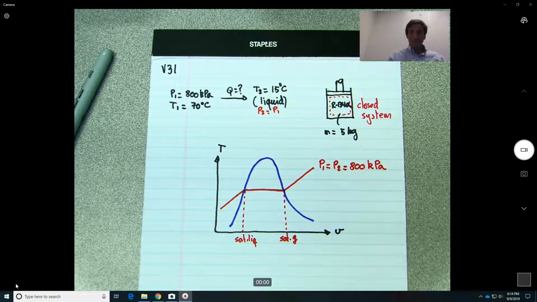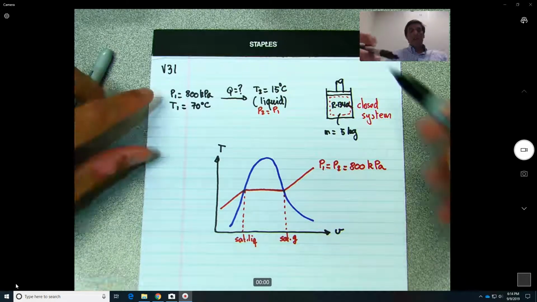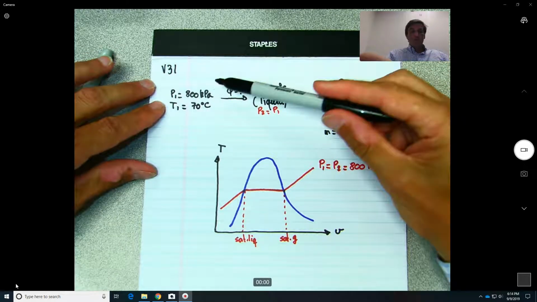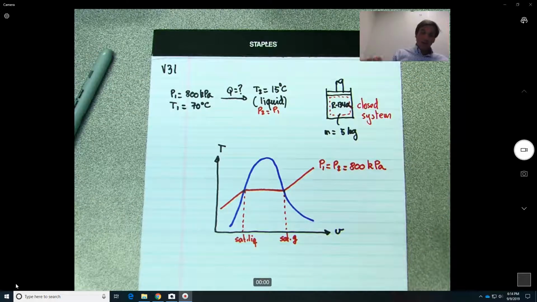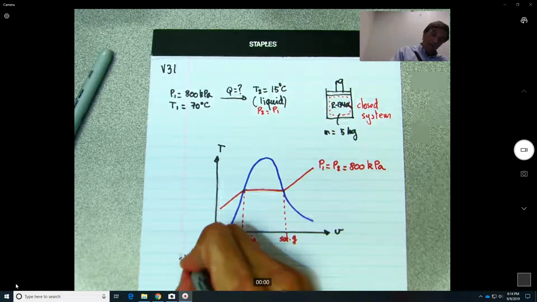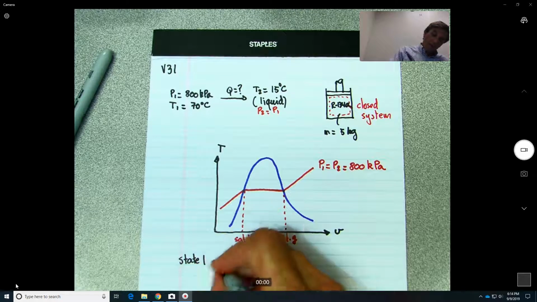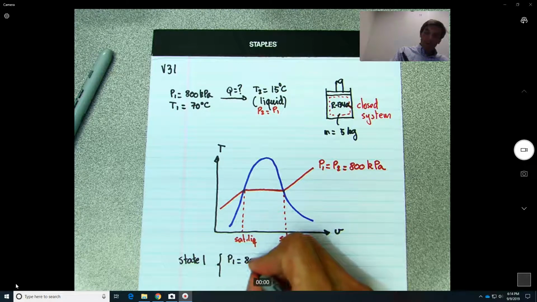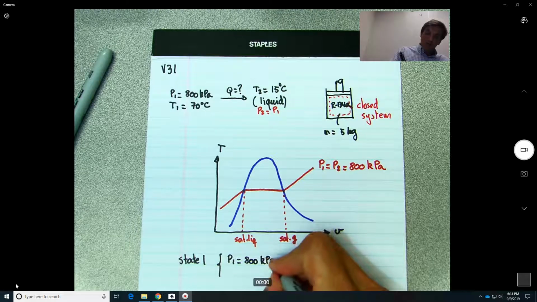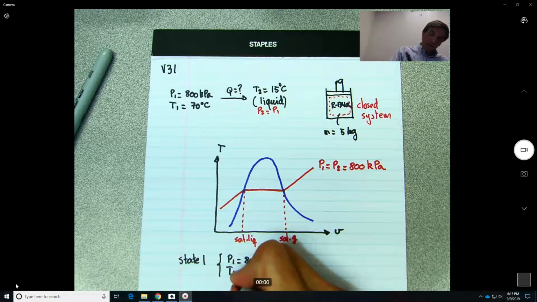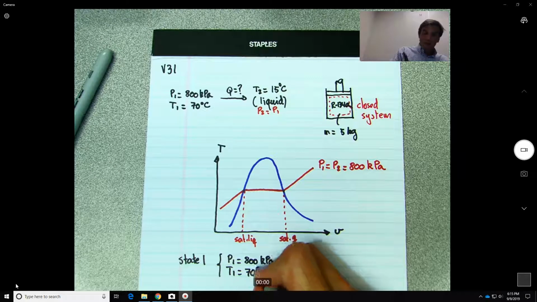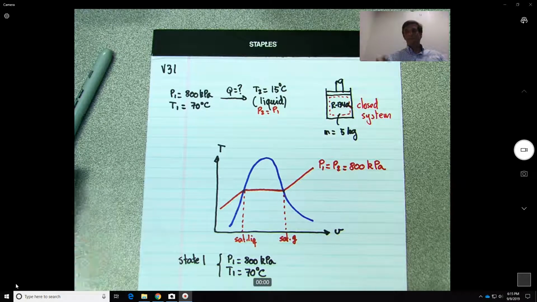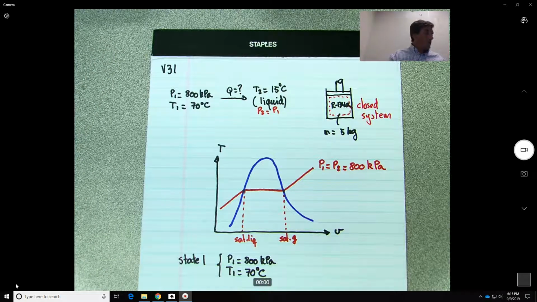Okay, so the first thing we need to find out is the state at state 1. So at state 1, what do we know? P1 is 800 kilopascals and T1 equal to 70 degrees Celsius. So I have the tables over here for the refrigerant.